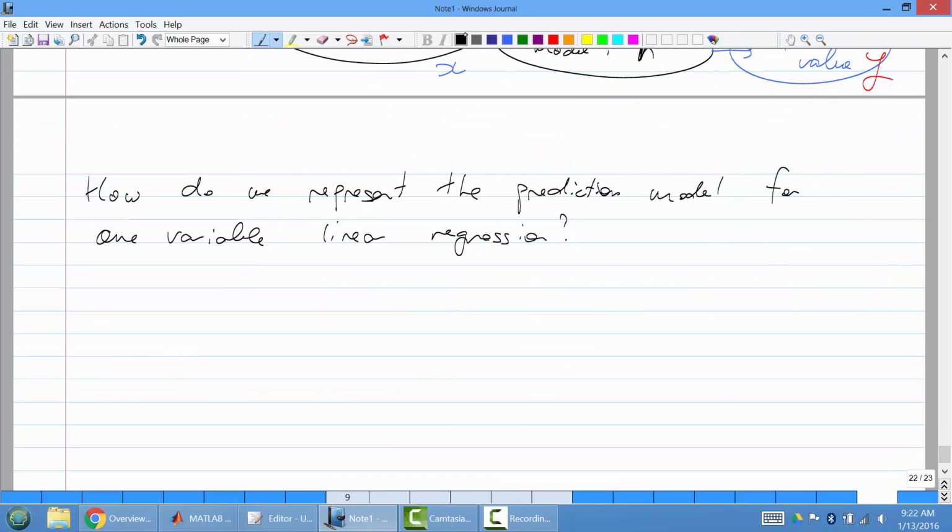Okay, so let's default back to high school, right? If you want to represent a line, you need a slope and an intercept, a first order line, right? So we can represent our hypothesis or our prediction model as, okay, here's your intercept term and your slope term, theta 0 and theta 1.